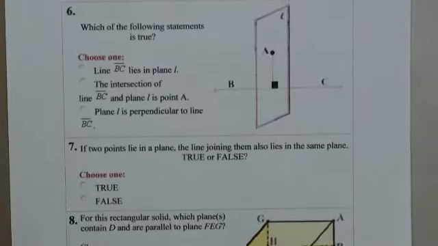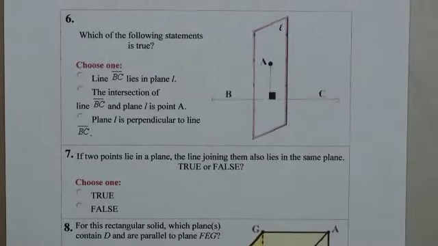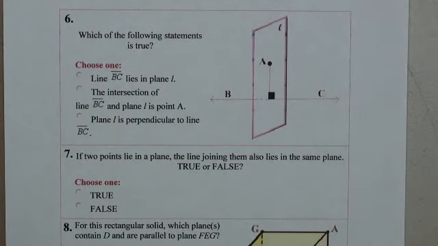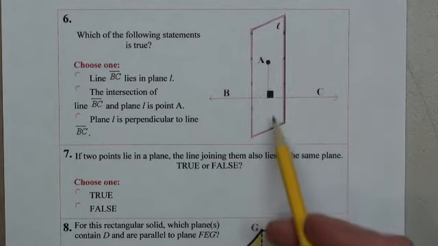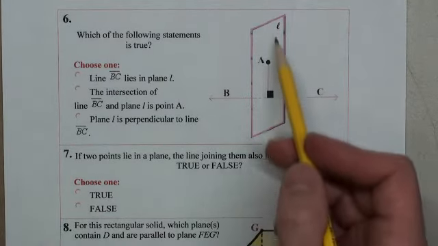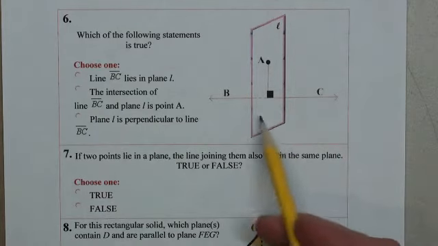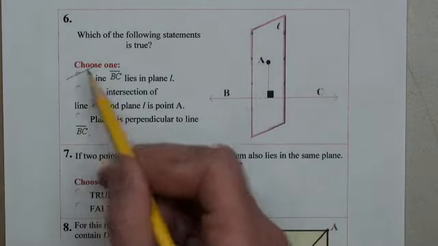But number 6, which of the following statements is true? Line segment BC lies in plane L. No, it goes through plane L. If it lay in plane L, it would be lying in it like this, or like this, but it won't go through it.